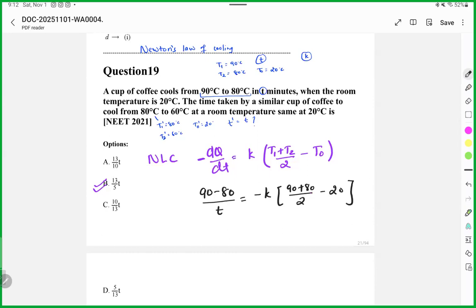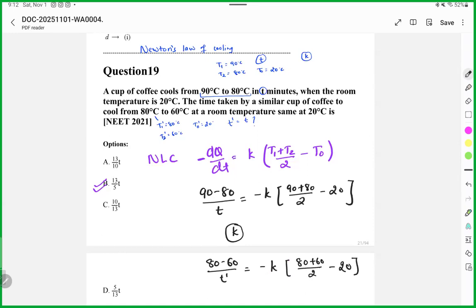Here you will calculate the K value. Same K value you will apply in the second situation, same formula. The change in temperature is 80 minus 60 divided by time T dash is equal to minus K times 80 plus 60 divided by 2 minus 20.